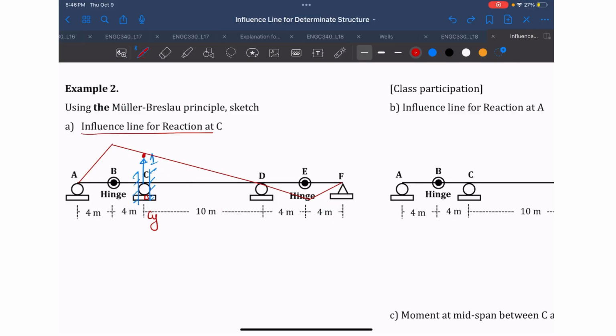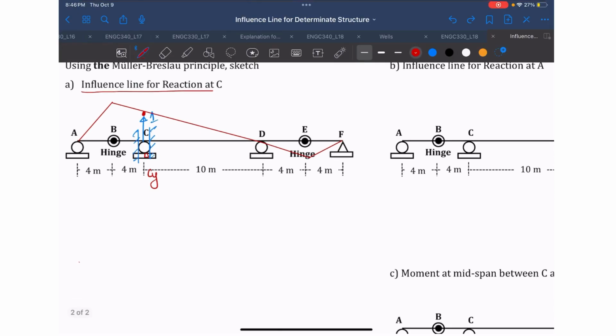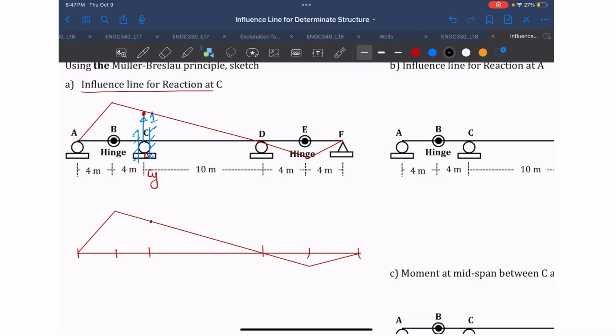So your final influence line for this beam will be there, corresponding to your deflected shape. Now we can draw the final deflected shape of this beam. And please remember that this is a determinate structure, that's why you'll see that all the lines are straight lines. And this value here will be equal to 1.